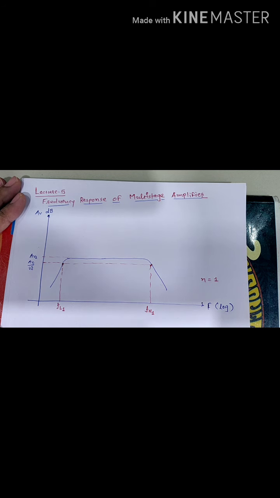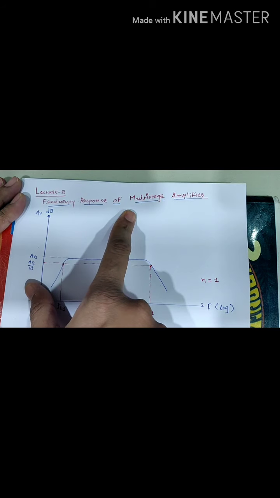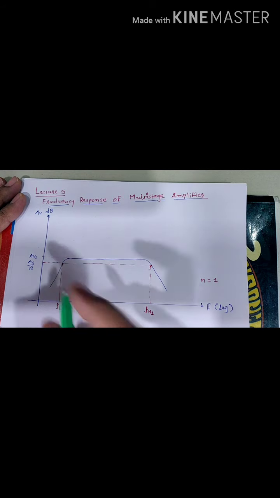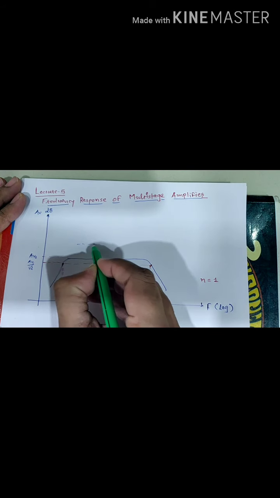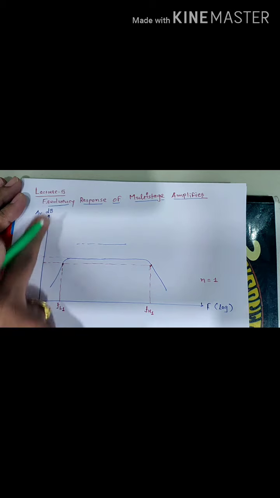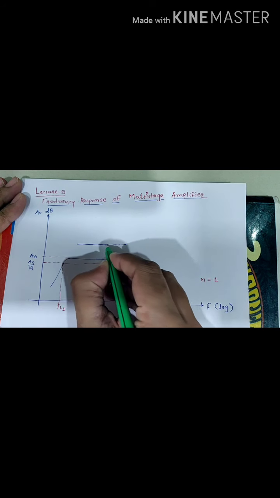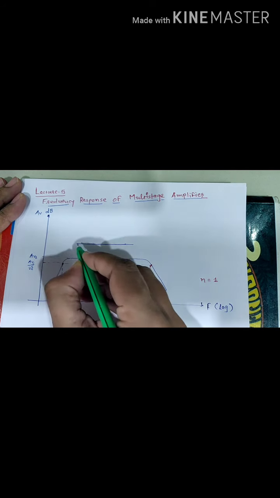Obviously, when we increase the stages of the amplifier, we get an increase in the gain. This is the y-axis, and we have taken the gain, so the gain will increase. So let us draw another curve.